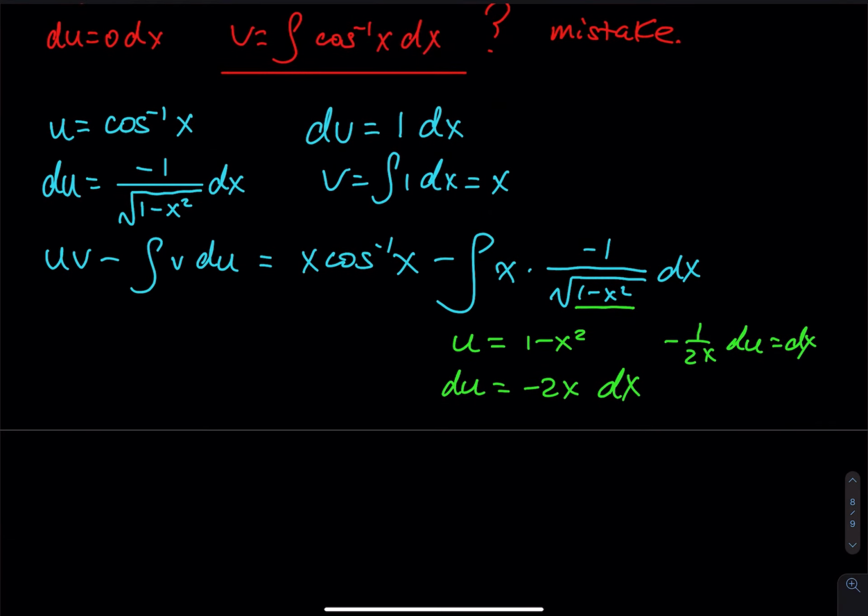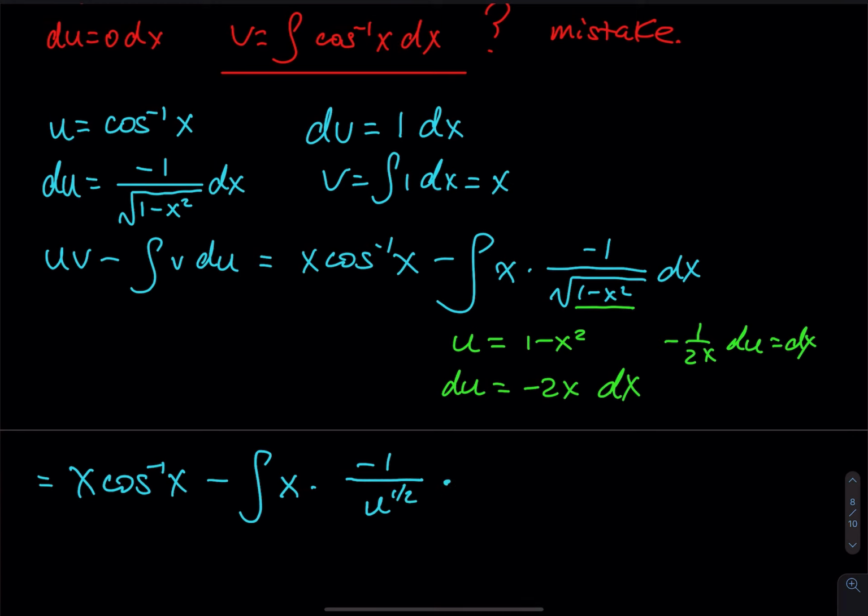So we have x inverse cosine of x, and then we minus, so this is x, right? And then -1 divided by the square root of u, which is u to the 1/2, and then the dx becomes -1 over 2x du. So you put this piece right here.